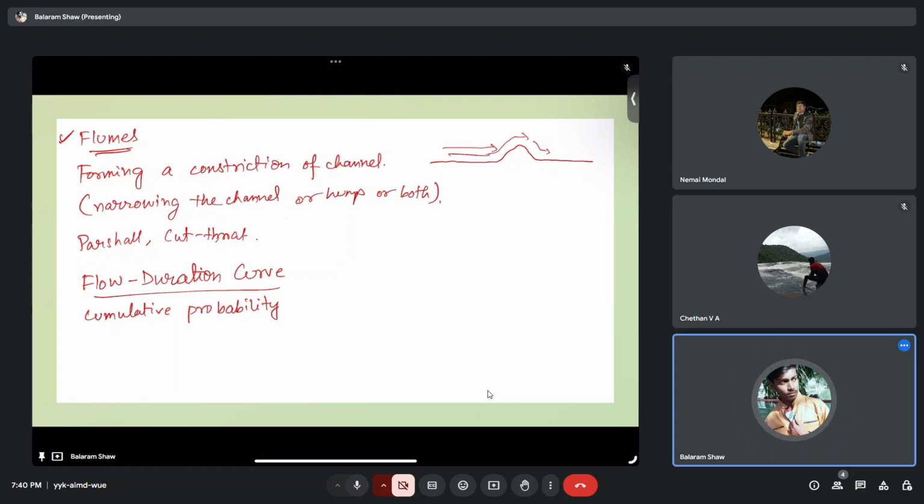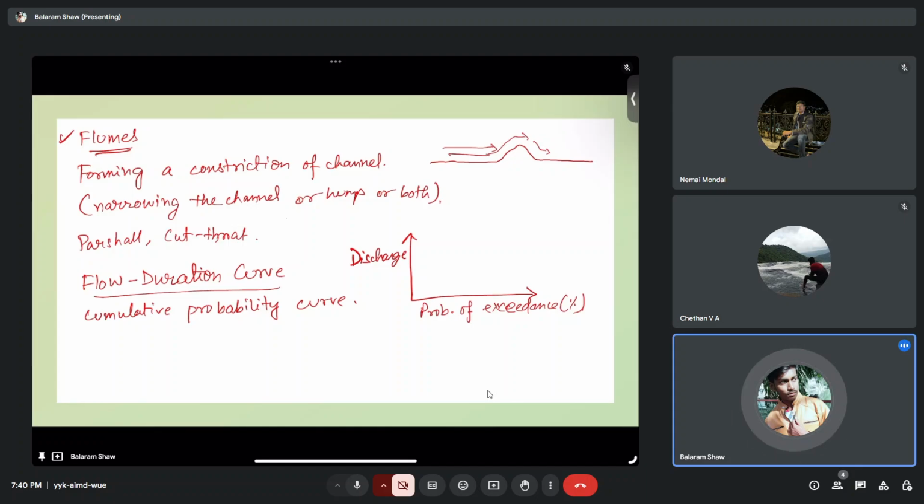I mean the method. So it's a cumulative probability curve in which you will have the discharge in the y-axis, and in the x-axis you will see the probability of exceedance of any event, right? So it is the percentage of time during which a particular discharge value is equal or exceeded.